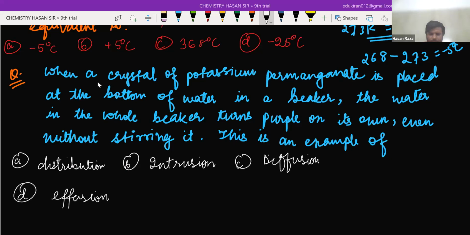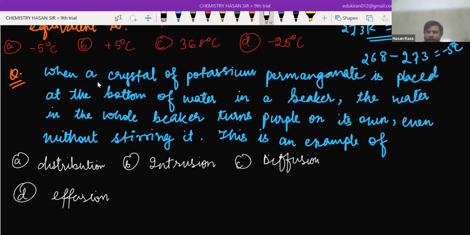I'm confused about the words intrusion and effusion. Basically, effusion is when gas comes out of a small hole. And intrusion is basically something that disturbs you, that is introduced. Like when you are studying and someone is disturbing you, that is intrusion.